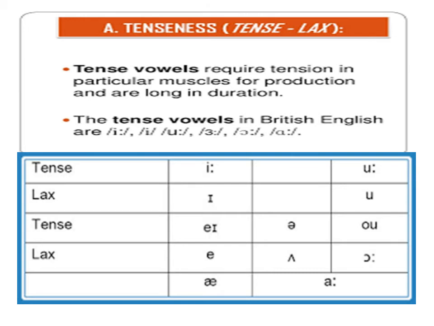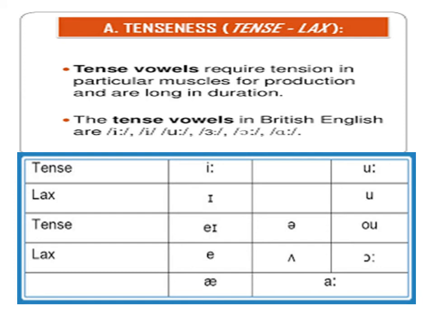During that time, it requires tension in particular muscles for production. A long time, ee. But the short one is very short. These types of vowels are called tense vowels.